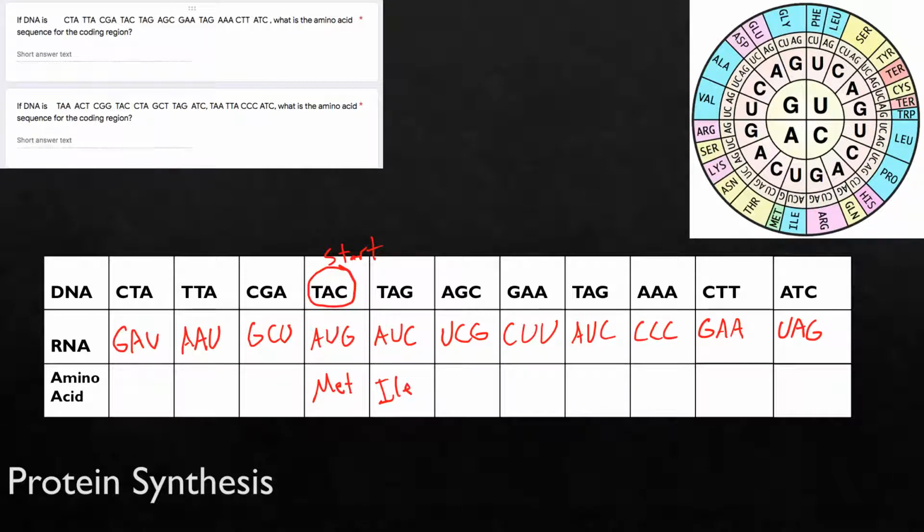Your next one, UCG, is serine, SER, and then we have CUU, which is leucine, and AUC, which is another ILE, and then we have CCC, which is proline, and then GAA, which is glutamine, and then UAG.